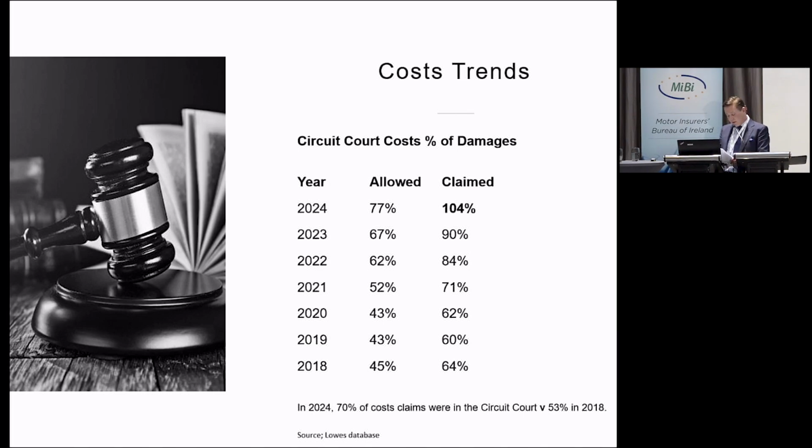So the next thing I want to talk about is cost trends. As you will appreciate, over the last number of years, there has been a significant challenge in relation to costs and how they have developed. And legal costs in particular, from probably about 2018 to 2024, based on our experience, increased in the order of between 10 and 15% per annum, with one exception, and that was 2021, when they certainly increased by at least 20%.